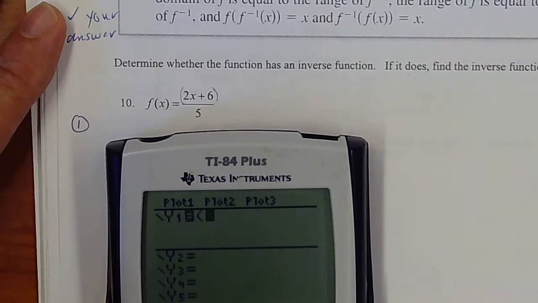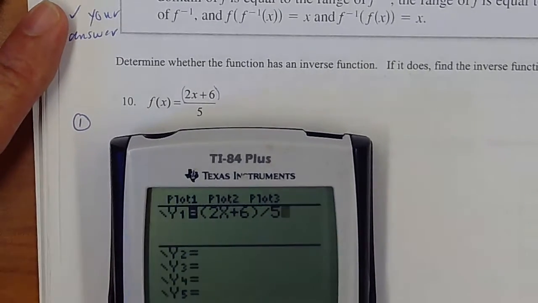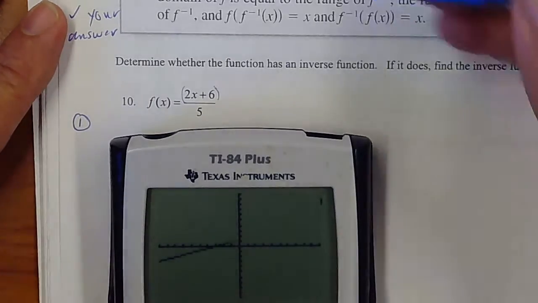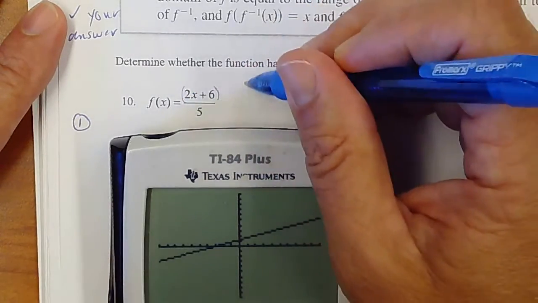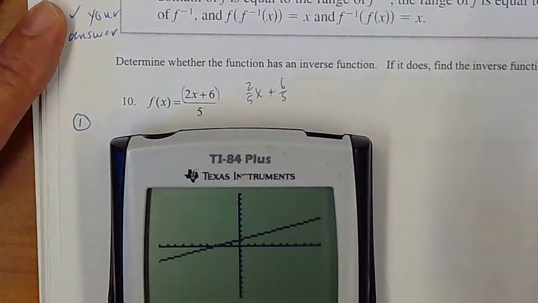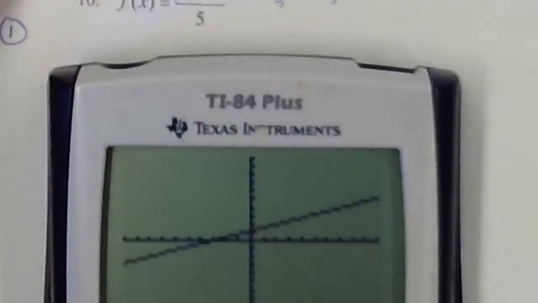So I want to start with parentheses in order to get this graph correct. (2x plus 6), all of that is divided by 5. And I'm just going to hit zoom 6. Take a look at that. It's just a linear equation. Remember, this is the form y equals mx plus b, right? 2/5 x plus 6/5 if I divide them by 5.